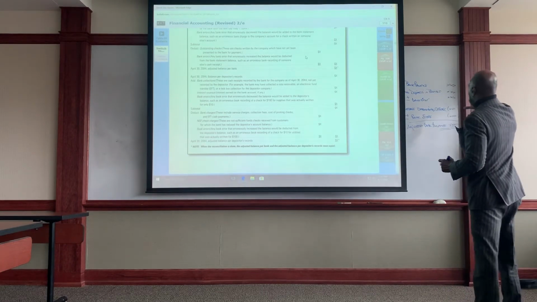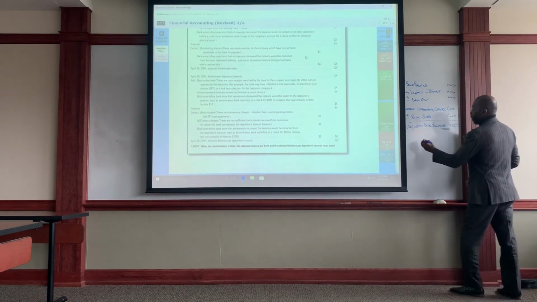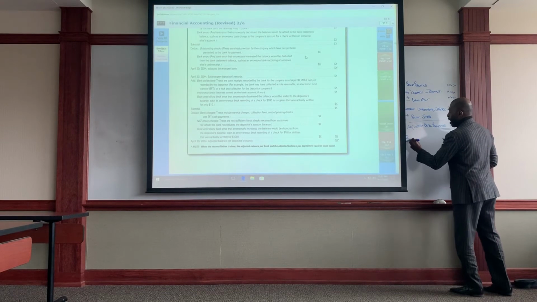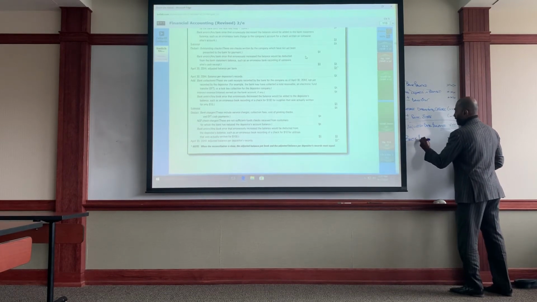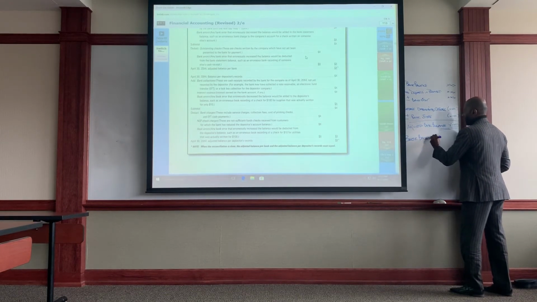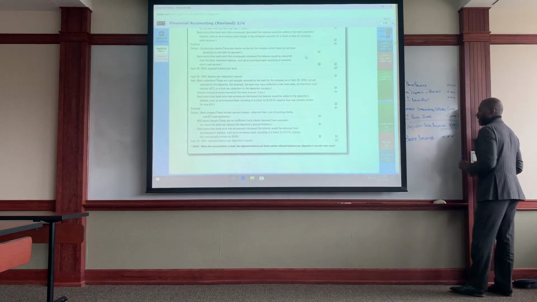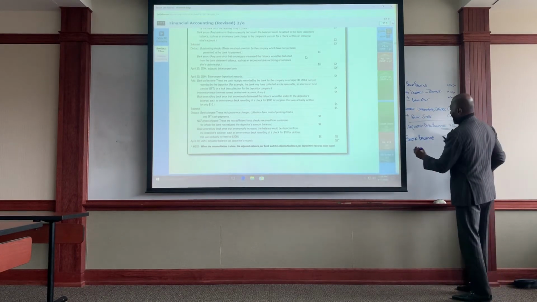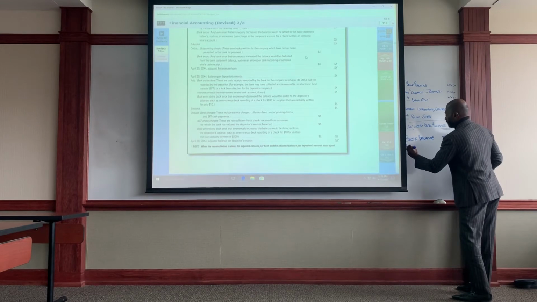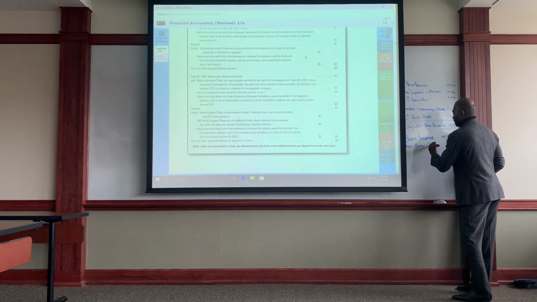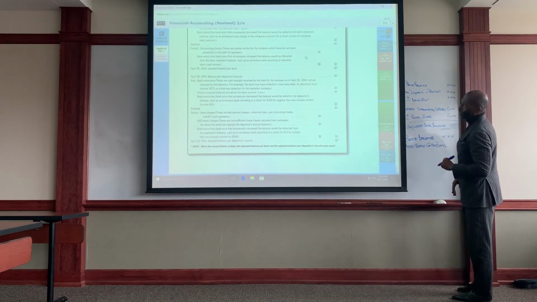So now that we've come up with our adjusted bank balance, we now have to look at our book balance. And this is based on our ledger account. We're going to start out with that. We're going to add any bank collections that we haven't recorded on our books.